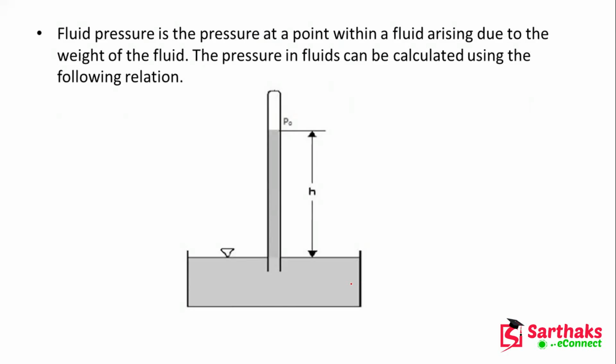We use fluid pressure to measure pressure. Think of the pressure machine, the non-digital one that most doctors use: the liquid mercury moves upward, and the doctor says the pressure is 120/80 or whatever, right?